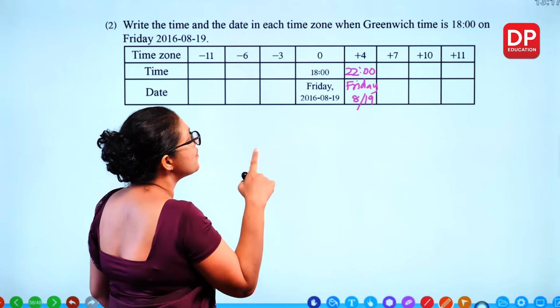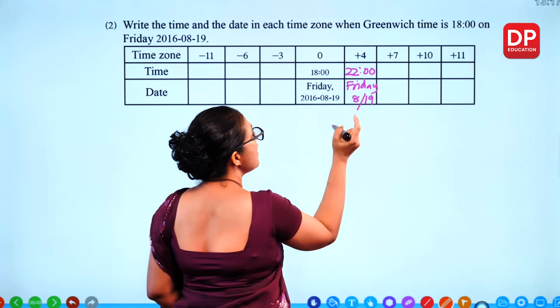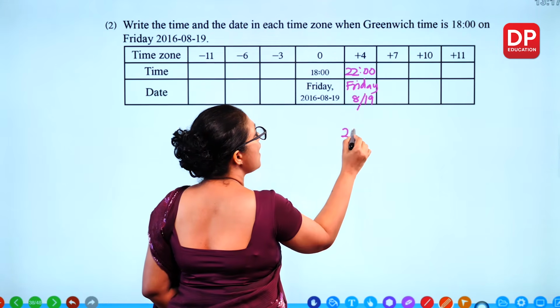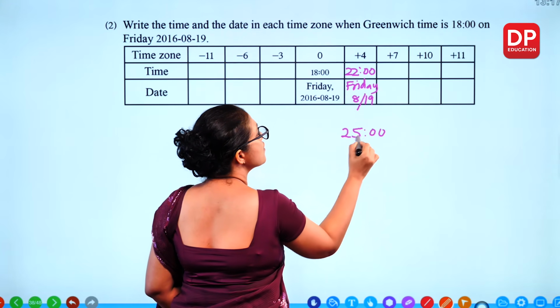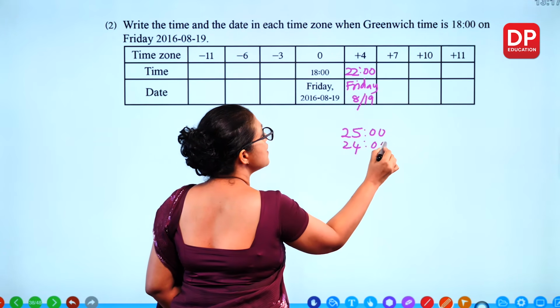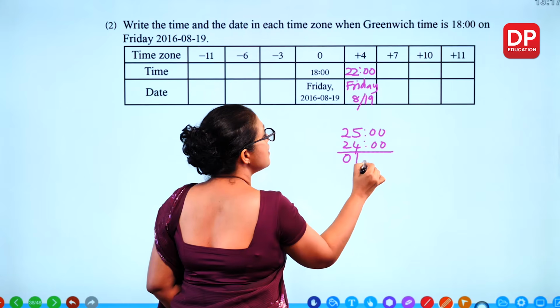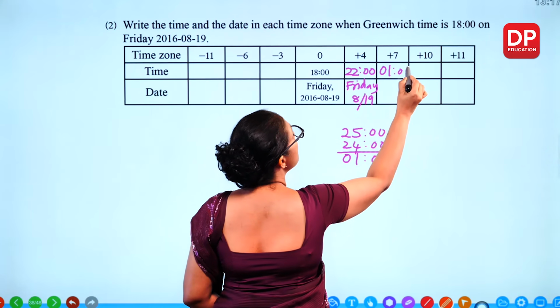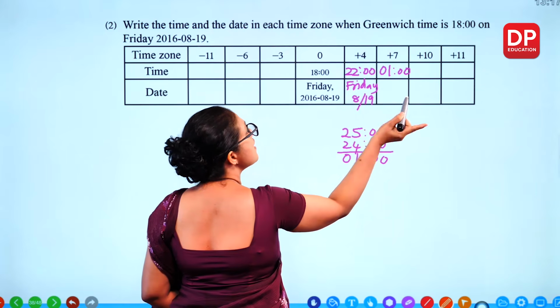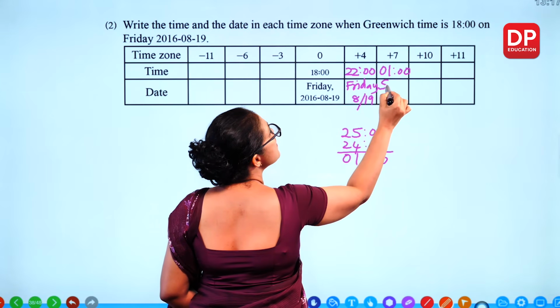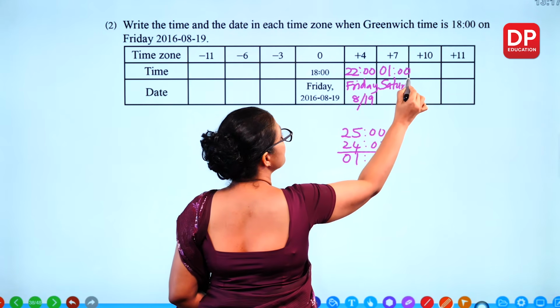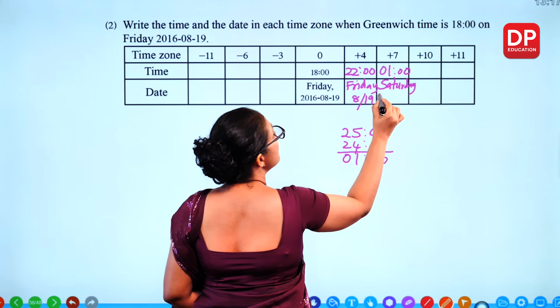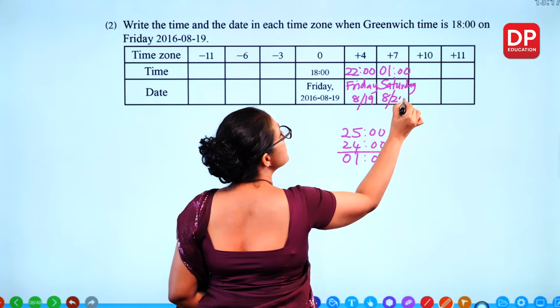Plus 7. Add 3 to that. So 25. Can you write 25? No, subtract 24 from that. You get 1 in the morning. So 0, 1 in the morning. Now this is the next day. So Friday becomes Saturday. What's the date? That becomes 8/20.